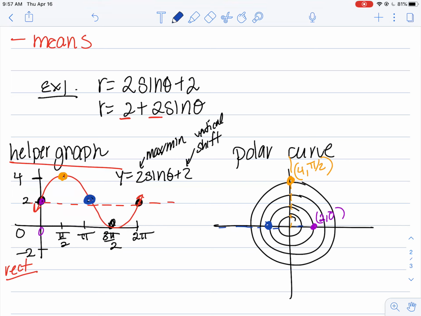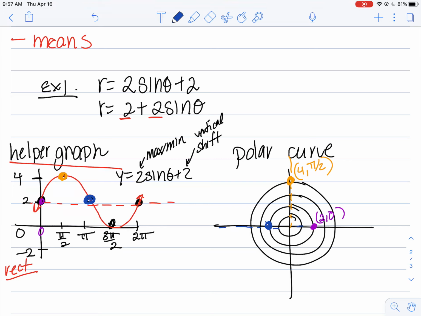So if you had a minus, let's play around with this. What if you had a minus? What would that look like? Then you have r equals, let's try 2 minus 2 sine theta.